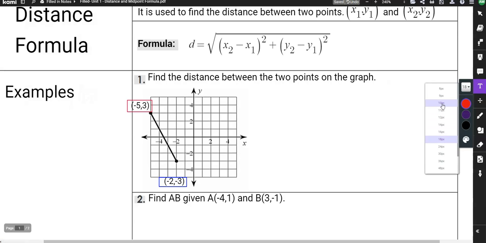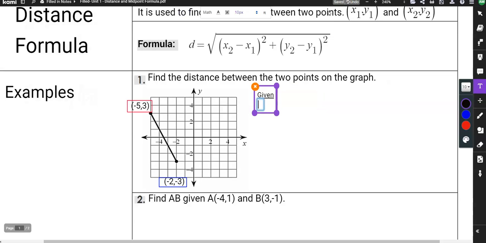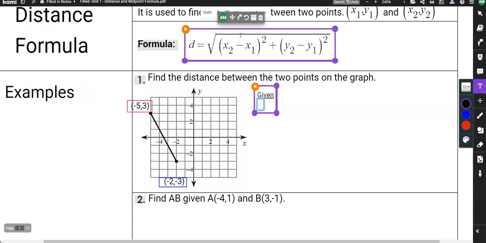So let's go ahead and, again, like I said, list our givens. We will be using the formula tool a lot, and we will be changing the color of our text. So first of all, I'm going to change my color to red because I'm going to list my point 1 first. And it doesn't matter which point is which, as long as you're consistent.